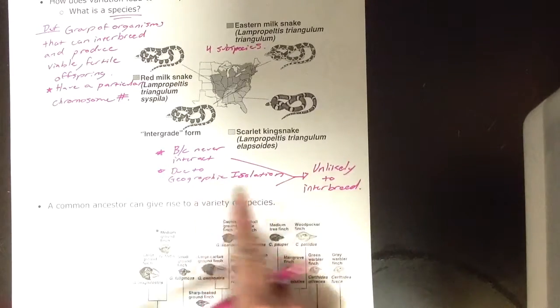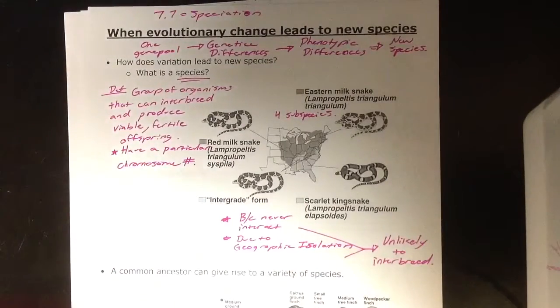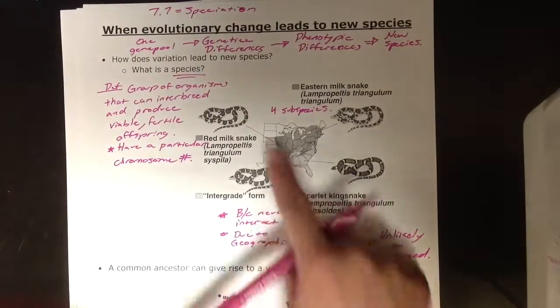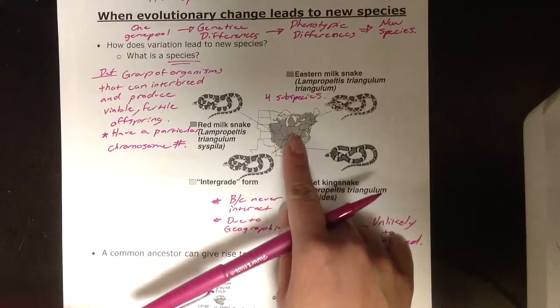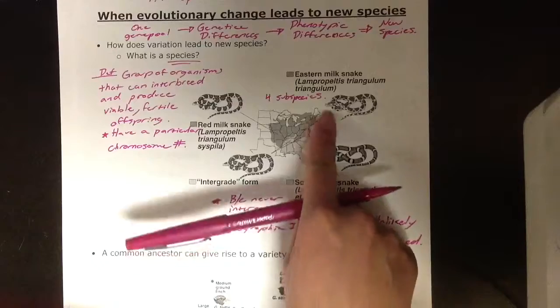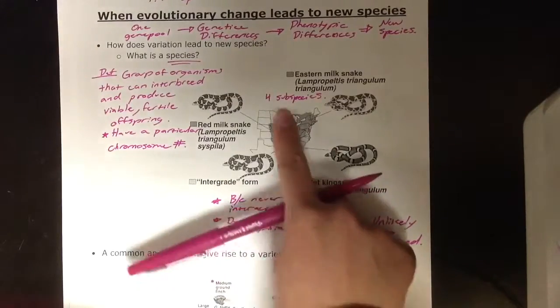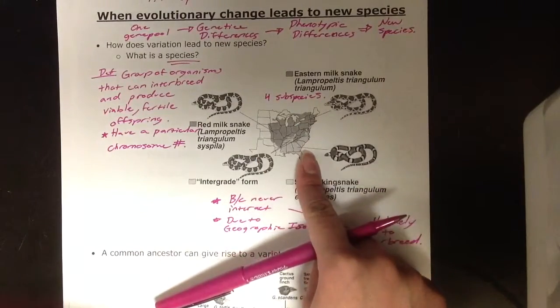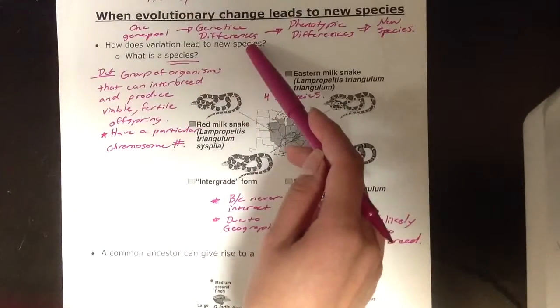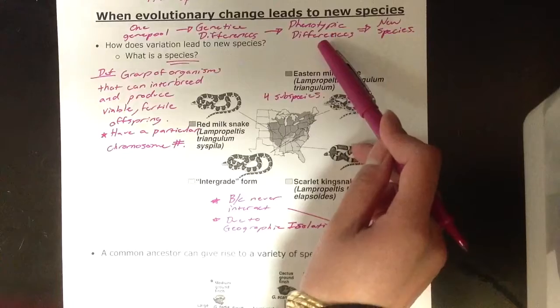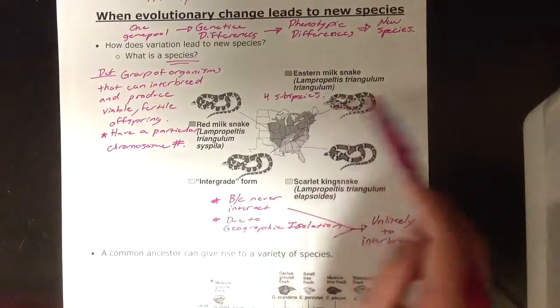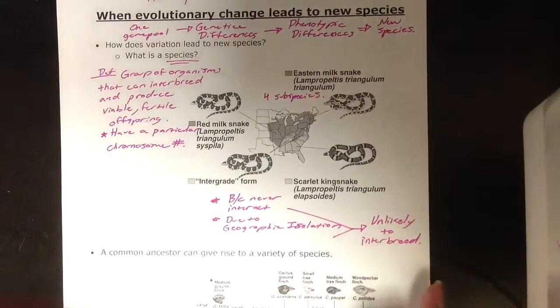This is one way in which we can have variation in the species lead to different species. If these snakes are separated for long enough, let's say they came from an ancestral species that got separated and moved to these different areas, there is the possibility that the genetic differences of the survivors will lead to an increase in the phenotypic differences, and eventually these 4 could become completely different species.